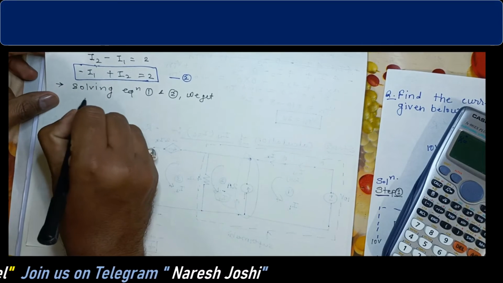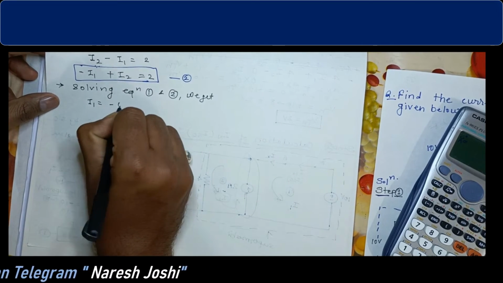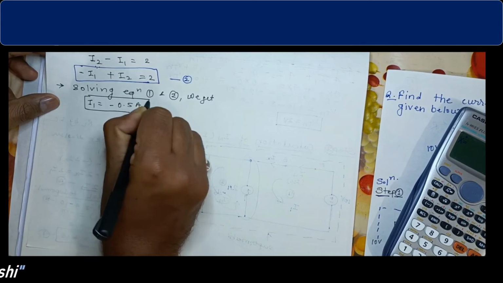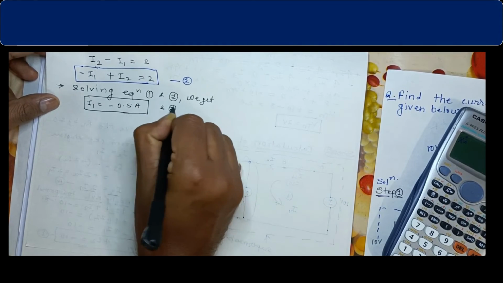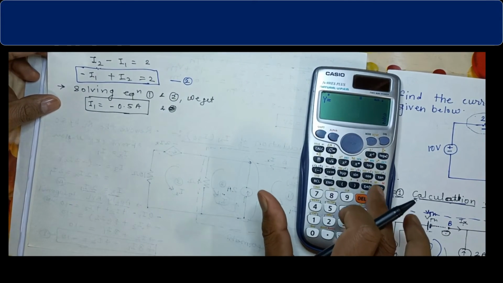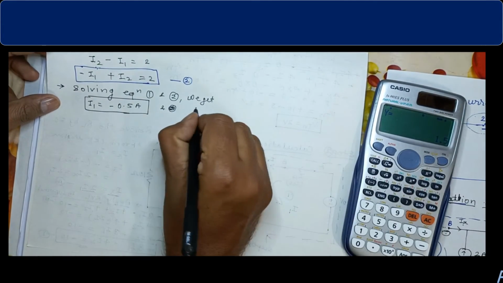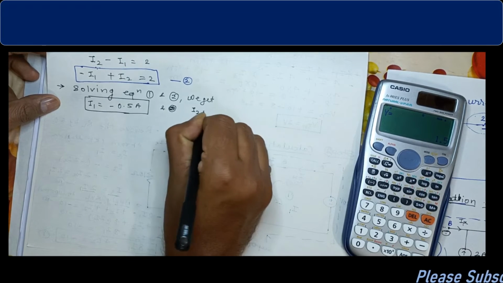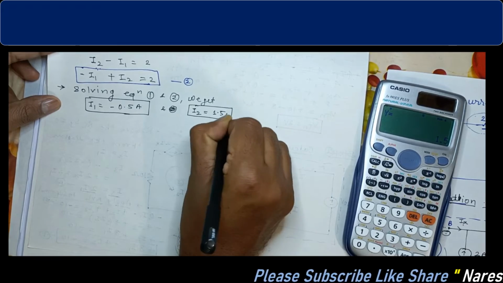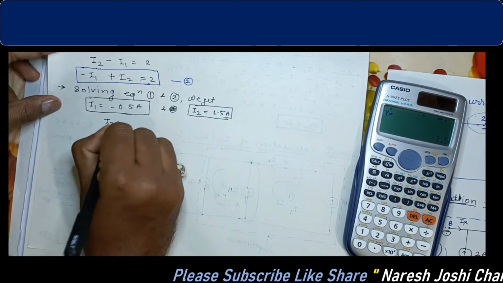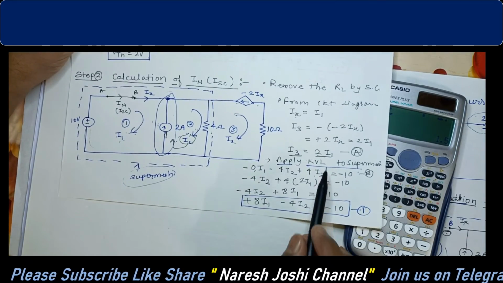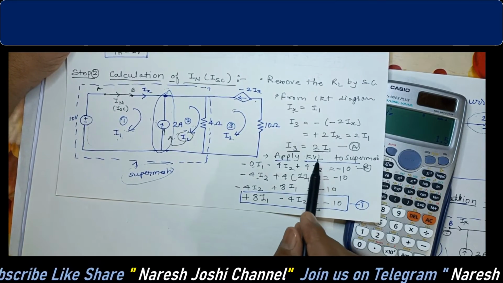So what is the value here? I1 equals minus 0.5 ampere, and here I2 equals 1.5 ampere, and I3 equals, what is I3? Here you can see I3 equals 2I1.